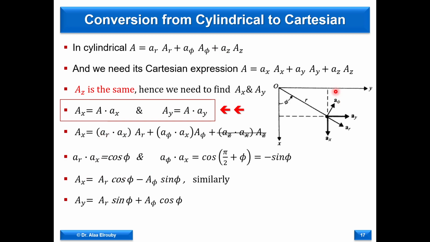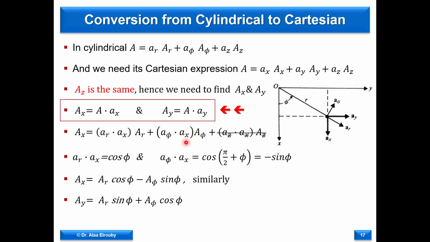So AR, which is a unit vector in that direction, dot AX, which is a unit vector in that direction, the dot product would be the magnitude of 1 multiplied by the magnitude of 2 times the cosine of the angle between the two. Magnitude equals 1, magnitude equals 1, and the angle is phi. So the dot product here equals cosine phi.